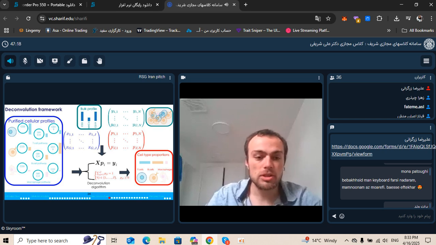Secondly, you want your cellular ratios to adhere to the unit simplex constraint. To be more precise, we are talking about ratios, so these relative ratios must be between 0 and 1.